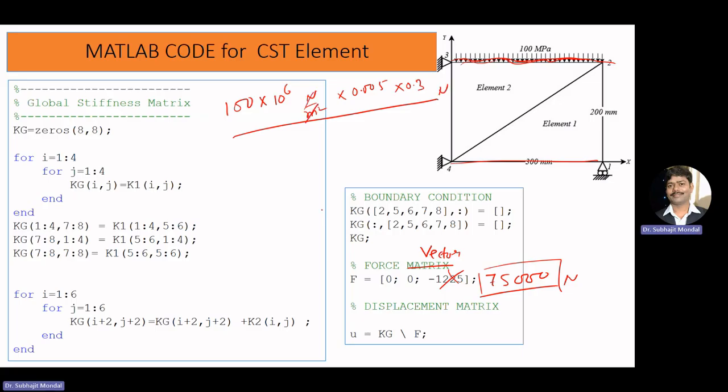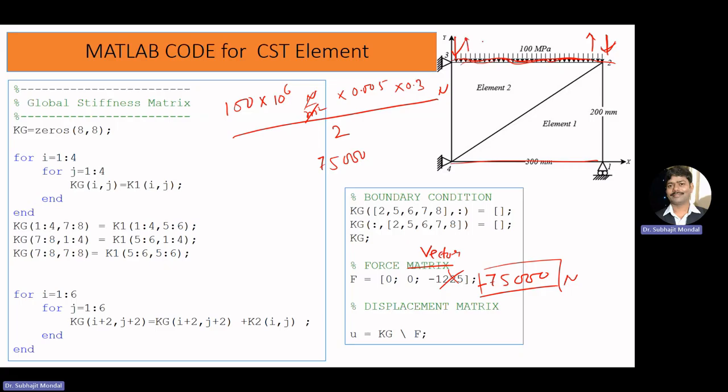This is in Newton now. Total load divided by 2, so this amount of load, 75,000, is coming on this node. Okay. So the minus sign indicates it is acting downward, and the plus sign indicates it is acting upward.